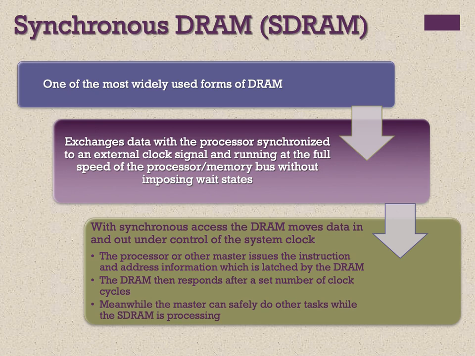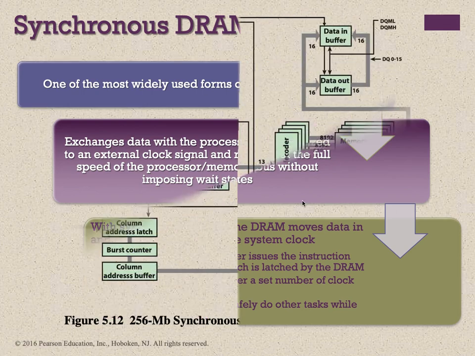With synchronous access, the DRAM moves data in and out under control of the system clock. The processor or other master issues the instruction and address information, which is latched by the DRAM. The DRAM then responds after a set number of clock cycles. Meanwhile, the master can safely do other tasks while the SDRAM is processing. So these are just basic definitions of SDRAM.